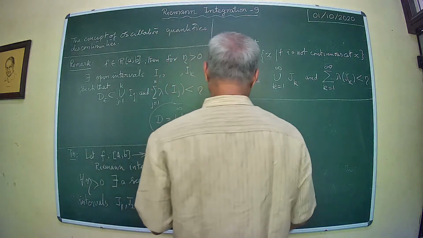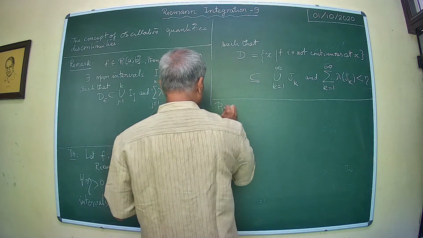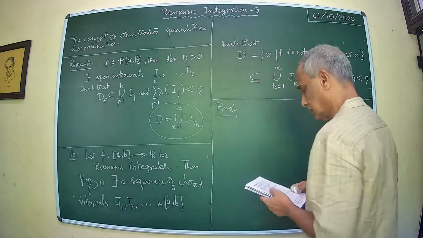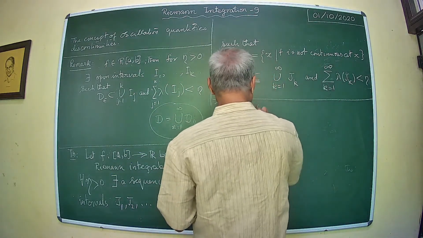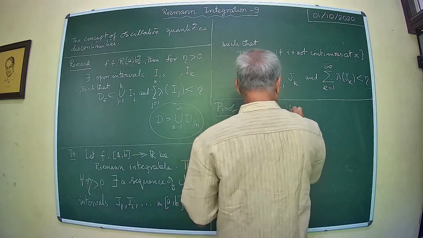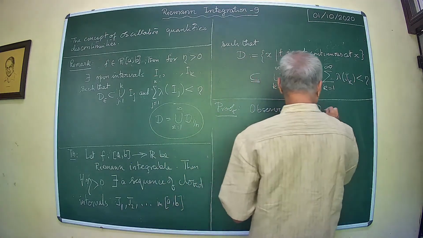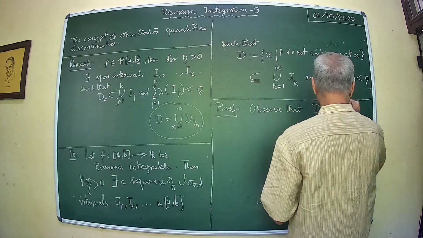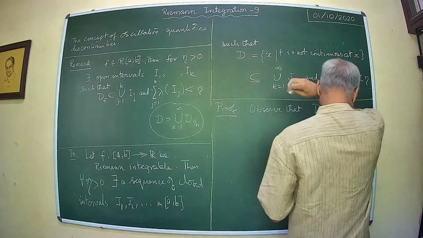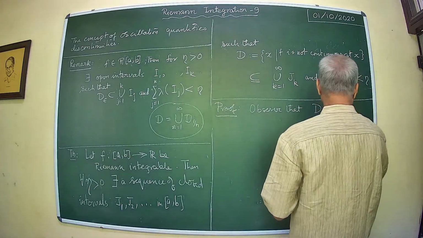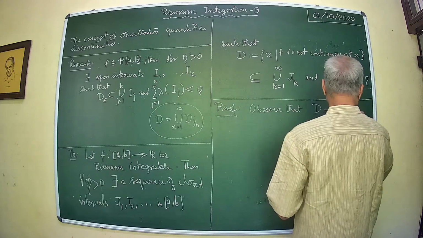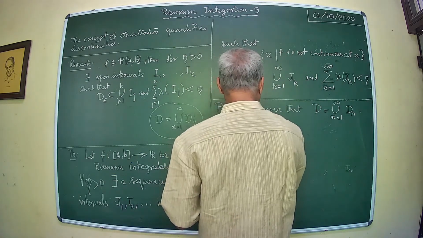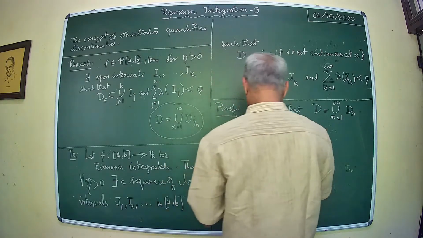So we do this. We use the previous example. So observe D is equal to the union over n equal to 1 to infinity of Dn.